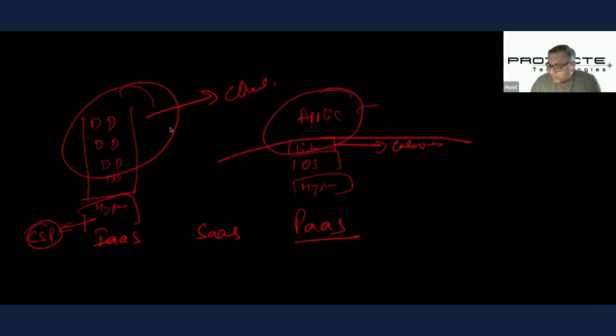The main responsibility of protecting the application and how it handles the data remains with the customer. And in software as a service, you have no responsibility other than protecting the login to the application. Everything else is handled by the service provider. So this is called the shared responsibility model.